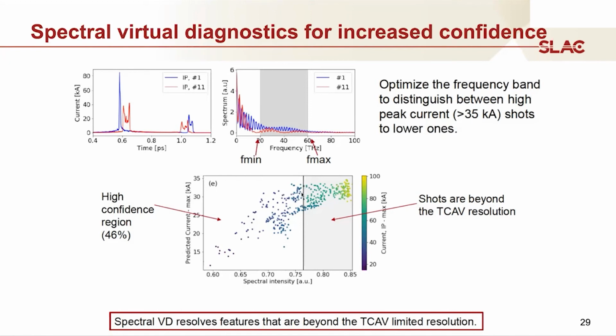And you can see that there's a linear region here where you can maybe say trust the prediction of your virtual diagnostic if the spectral intensity is below this value. And if it's above this value, you should be a little bit more skeptical of what your machine learning model is predicting, because it may be getting the TCAV measurement correct, but it may not be reproducing what's actually there. And so we actually map this in a paper that's forthcoming, and you can see that in Scientific Reports soon.